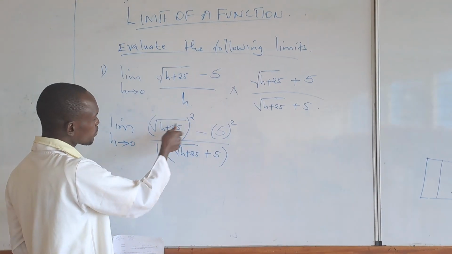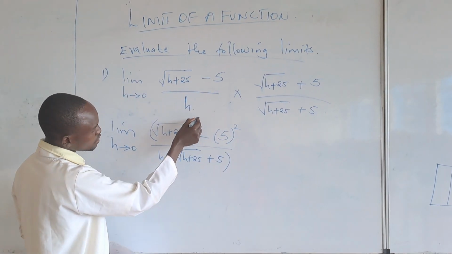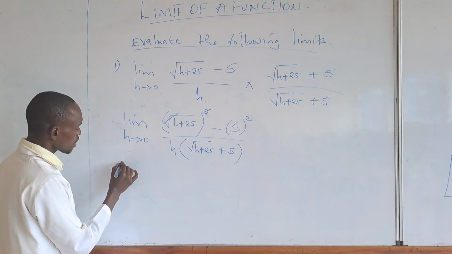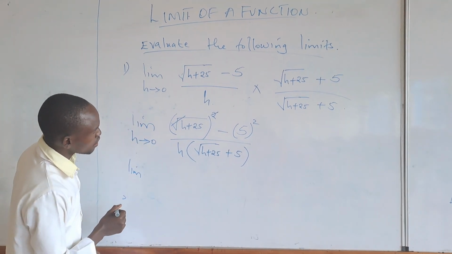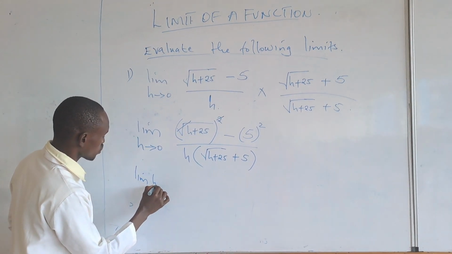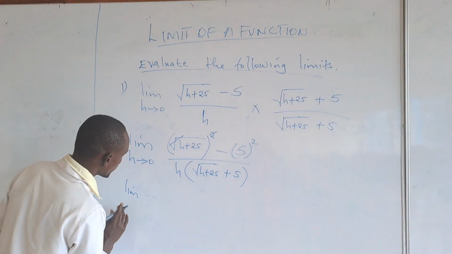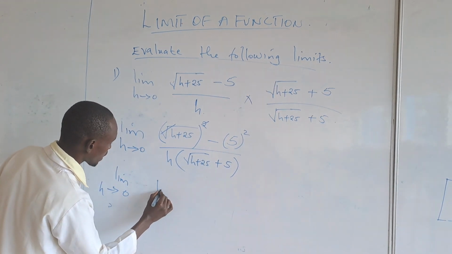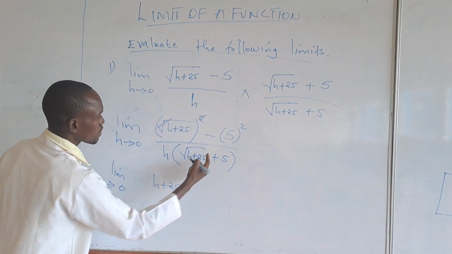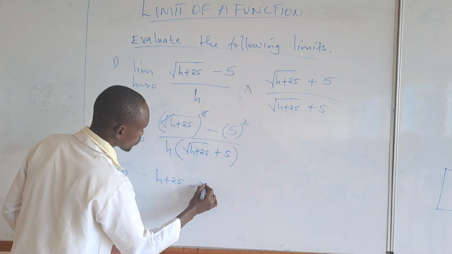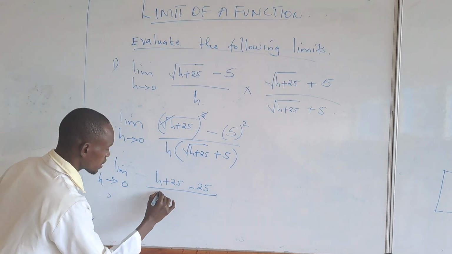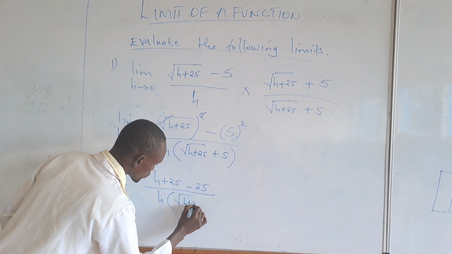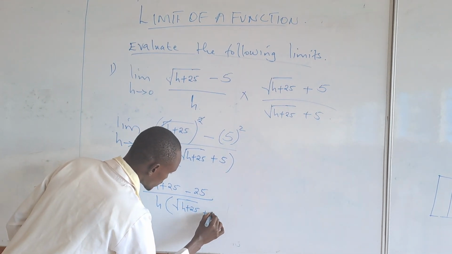Now, let us go and square this. So you realize that this square will go with this square root. So we will have the limit as h tends to 0 of h plus 25 minus 25 over h into square root of h plus 25 plus 5.